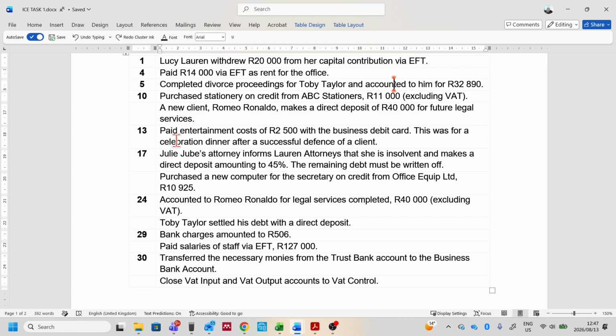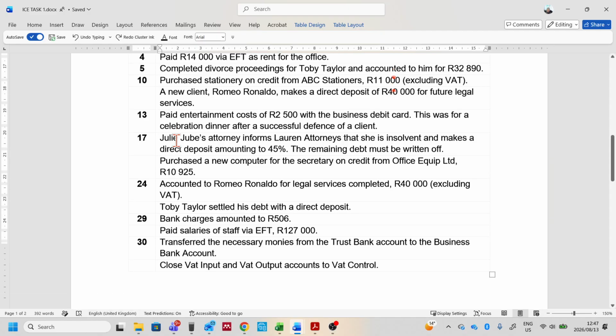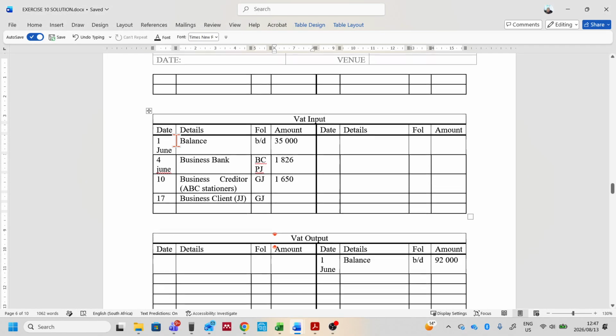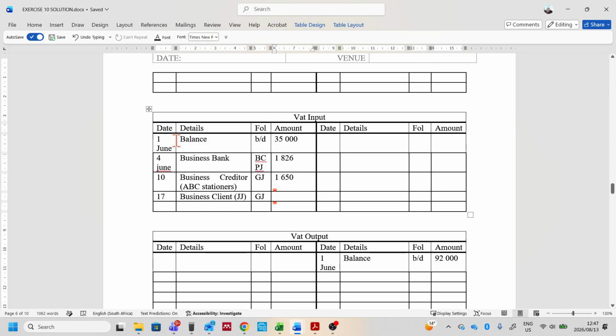So since this is debited, you go and write the name of the account credited, which is your business bank. So basically what we are saying here is that we have got VAT input that we're going to claim, which was from a cash transaction which took place from our business bank account. We're going to send that supporting document that indicated that we made that payment to SARS so that we can be able to claim back that VAT.